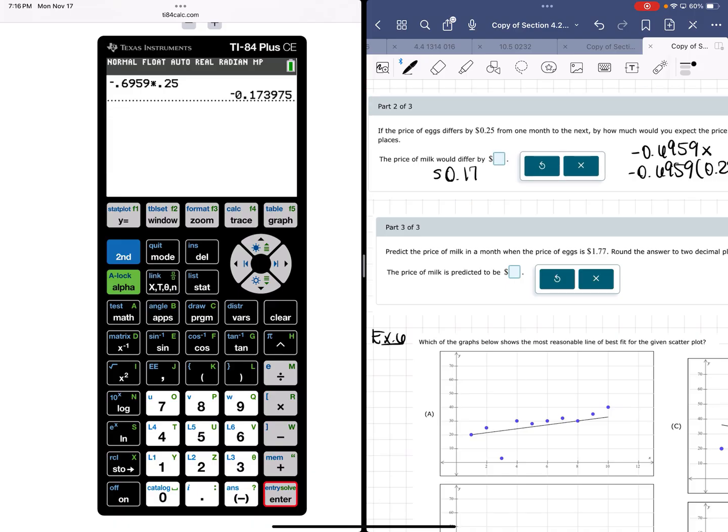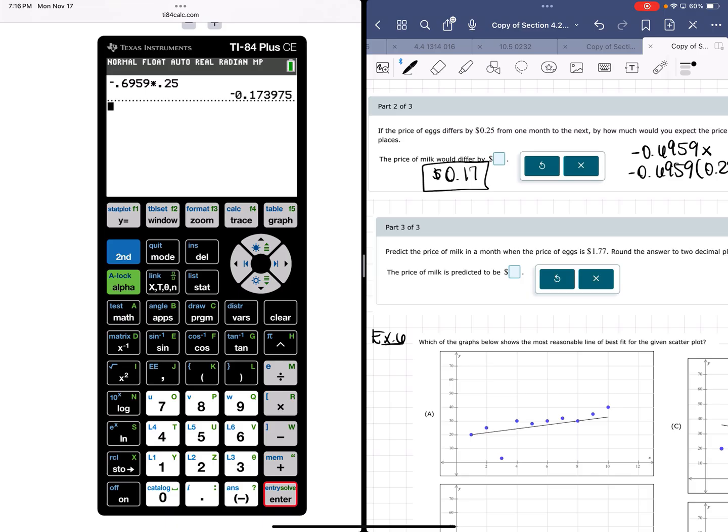Even though there's a negative answer there, you can't list it as negative. Well, it can be. Is money negative? Technically, no. It's like saying is distance negative. Now, you can, debt is. We can't go there. But it's going, okay, how much did the price differ by?